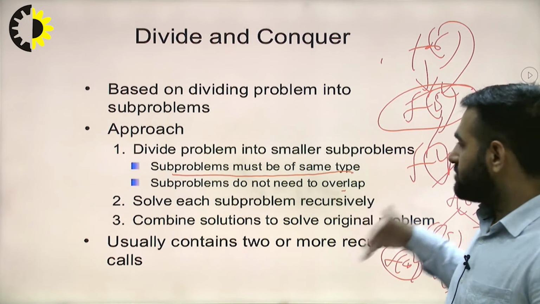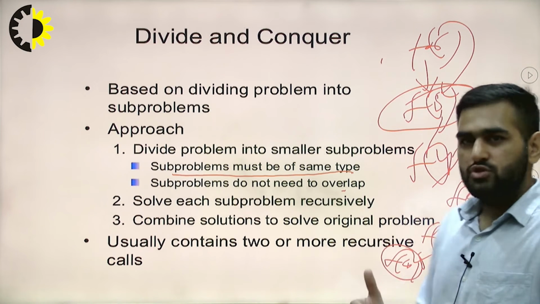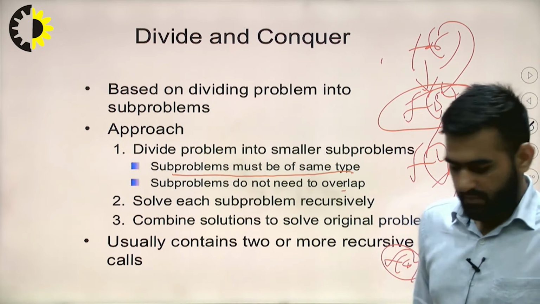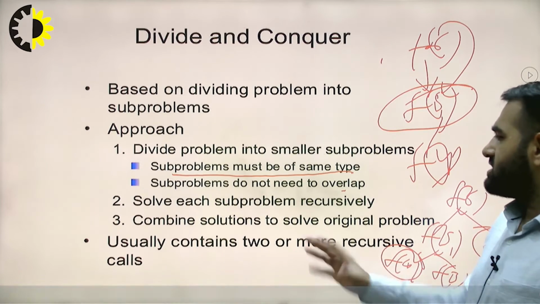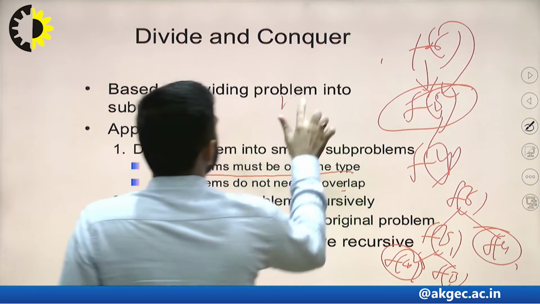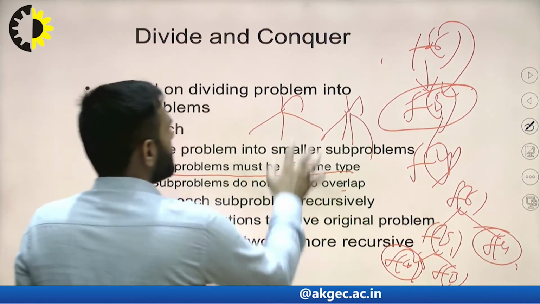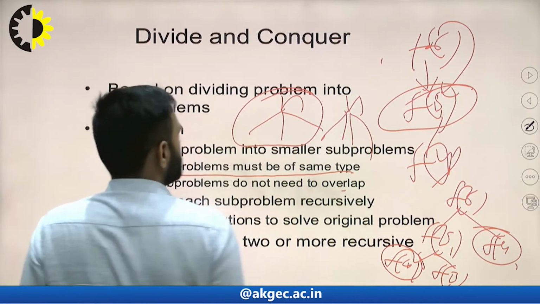We are calling recursion. Then finally we will combine all the small problem solutions to get the final problem solution. Usually 2 or more recursive calls are there, generally 2 or more than 2. Generally we will divide the problem into 3 parts, or 4 parts, but generally we stop at 3 only.